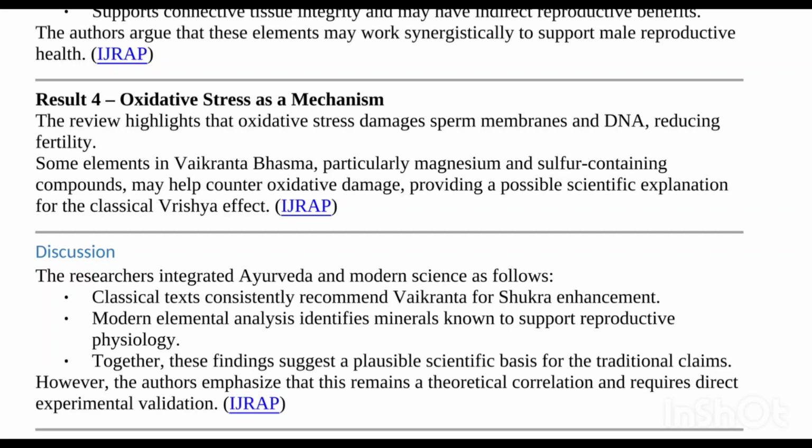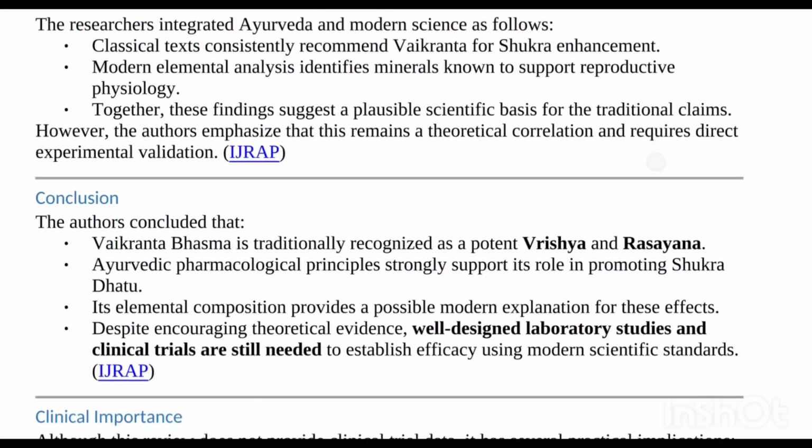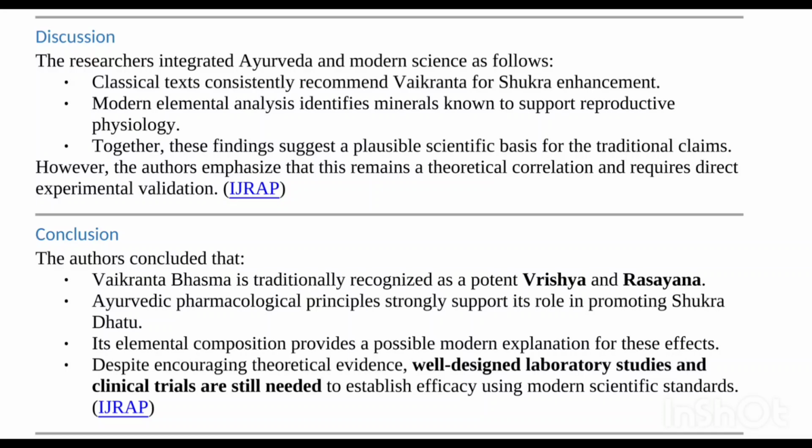Also, in discussion, the researcher integrates Ayurveda and modern science as follows. The classical texts consistently recommend Vaikrant as a Shukra enhancer, and modern elemental analysis identifies minerals known to support reproductive physiology. Together, these findings suggest a possible scientific basis for the traditional claims.